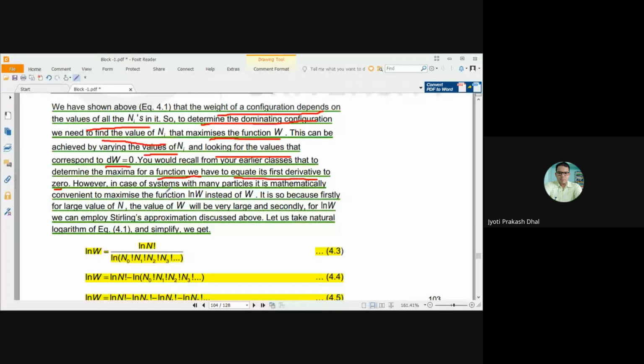However, for a system with many particles, it is mathematically convenient to maximize the function ln W instead of W. Since the system contains a large number of particles, we take ln W instead of W, because firstly, for large values of n, the value of W will be very large, and secondly, for ln W we can employ Stirling's approximation that we discussed in the last class.